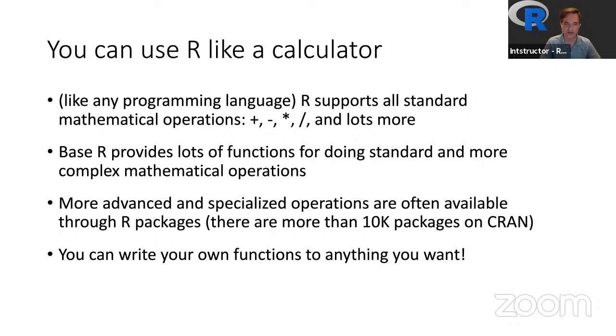And there's a bunch of functions as well, so you can calculate means and standard deviations and so on, as well as doing really complex operations. All these things exist. And we're not going to talk about this in this workshop, but you can also write your own functions that wrap up complex operations, that you can then call in your own code. So essentially with code, you can do anything you want, which is really cool and really flexible.